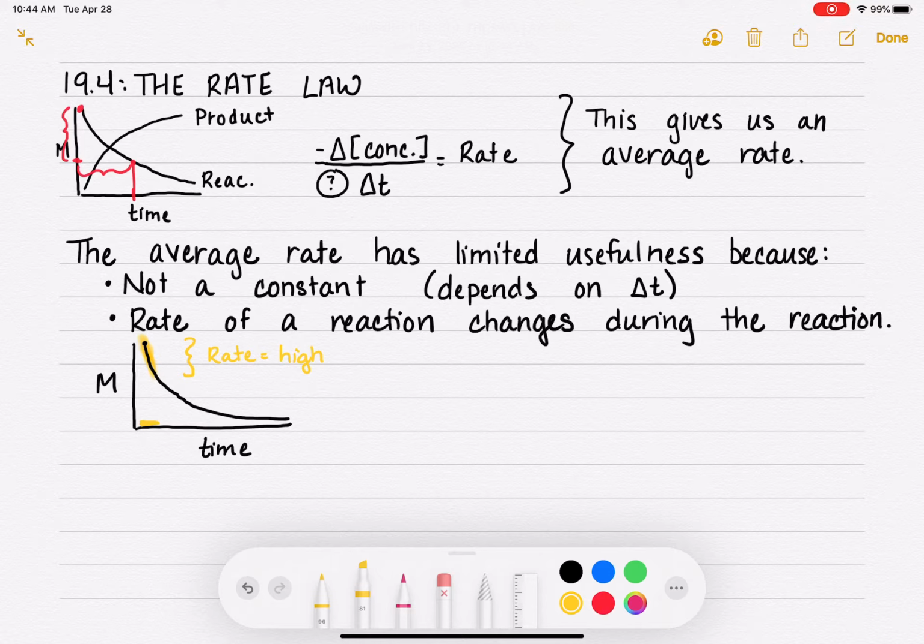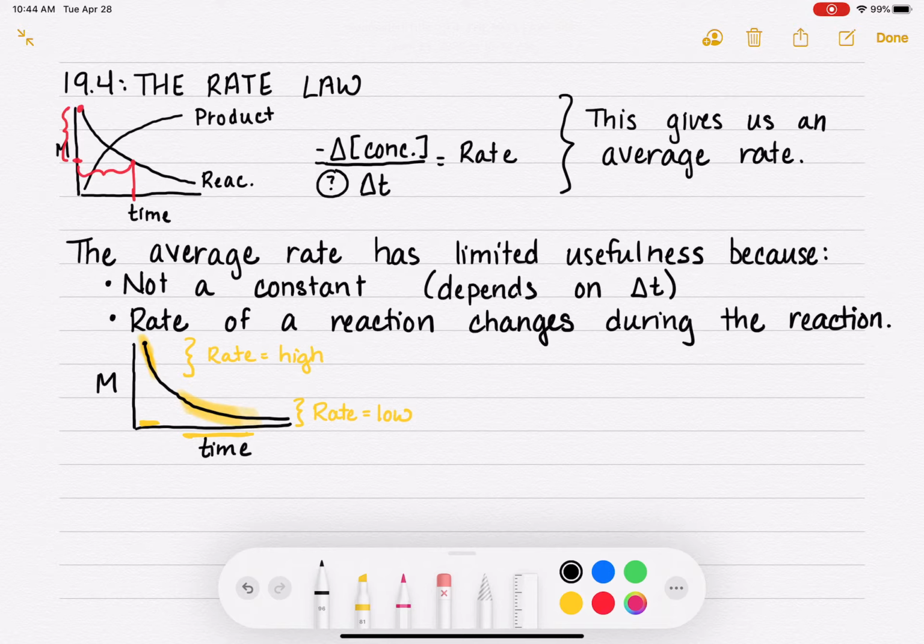And as the reaction proceeds, we get down into this area here where the concentration drops, and in this time frame, the rate slows down quite a bit because we have a smaller concentration of that reactant.